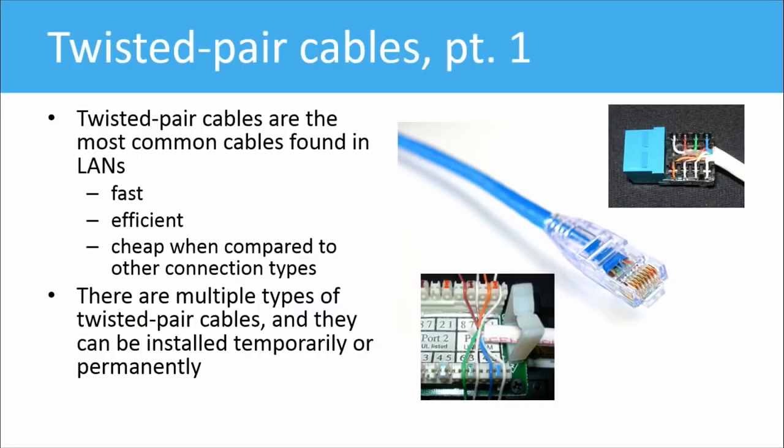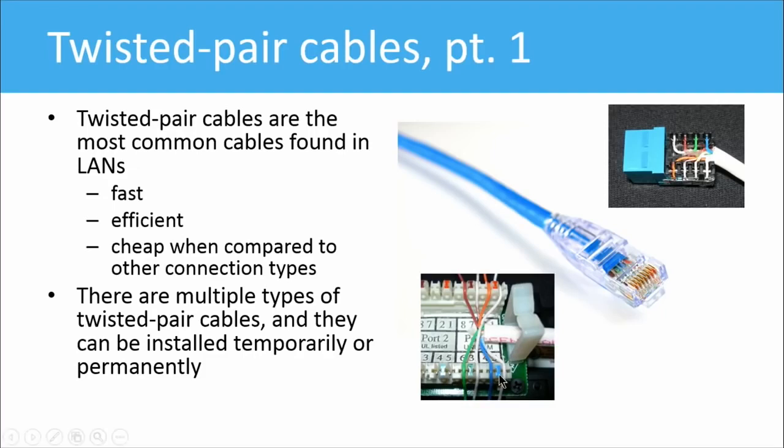So twisted pair cables, once again, are very commonly found, the most common in fact, and the reason is that they're cheap, they're pretty fast, and they're really efficient at sending data via electrical pulses. Multiple types of twisted pair cables are available, and they can be installed temporarily or permanently.